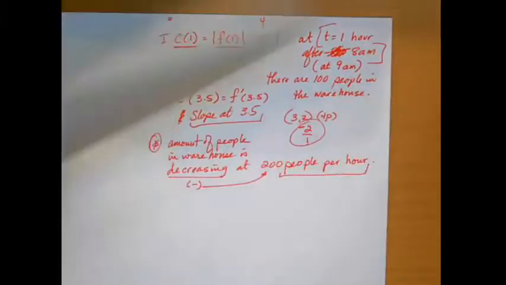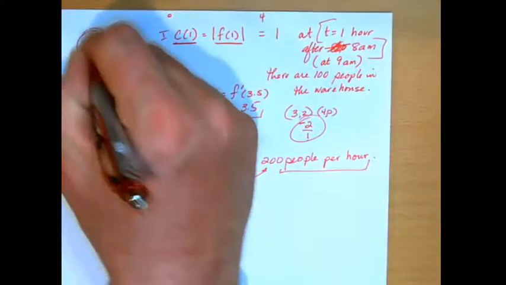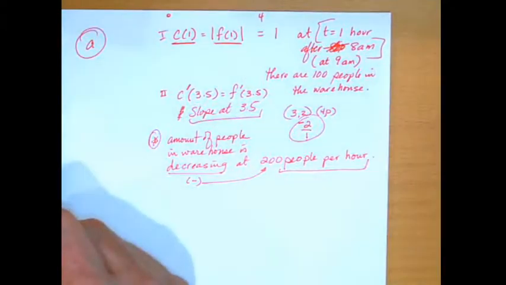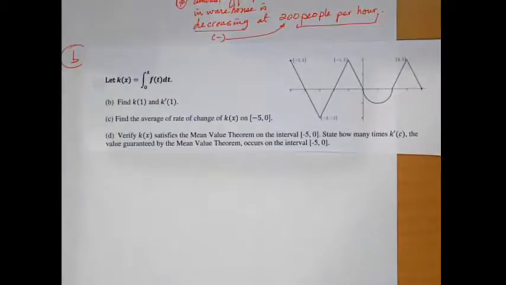Next part, this was part A, and we're going to go to part B down here. B, C, and D all deal with the same graph, just another version of that problem.